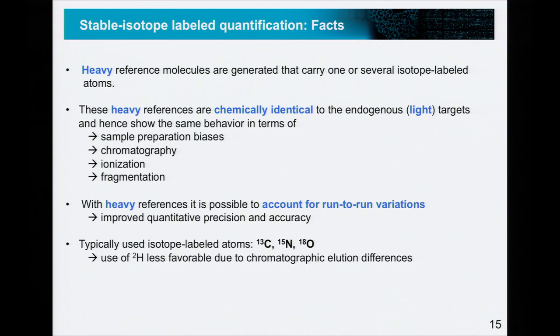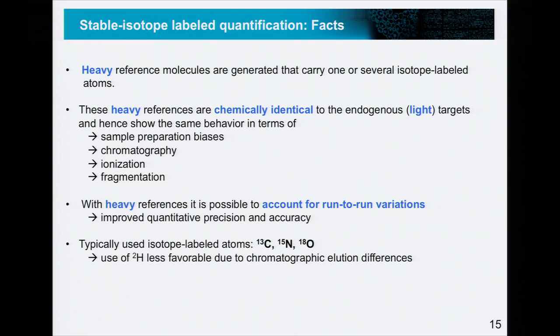And because of this chemically identical, they behave exactly the same way in terms of sample preparation biases. So if you lose peptides during sample prep, you should lose your light peptide as well as your heavy peptide in the same way. They show the same chromatography, they show the same ionization efficiency, they fragment in the same way.